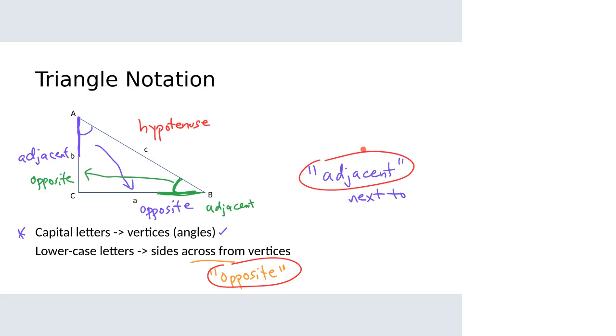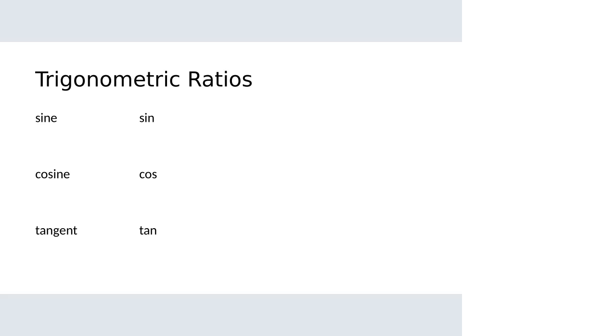All right, let's talk about the trigonometric ratios. On your calculator, and you may have heard these words before, you may have seen these buttons on your calculator before, we have 3 trigonometric ratios that we're going to use in our study of trigonometry. The first of those is sine. It's pronounced like sine.